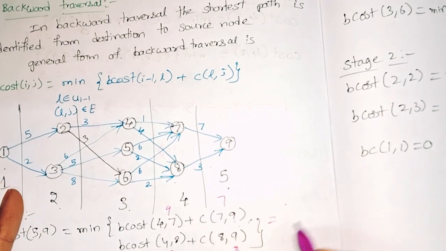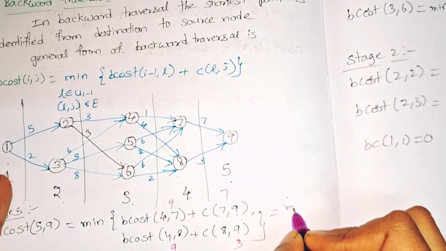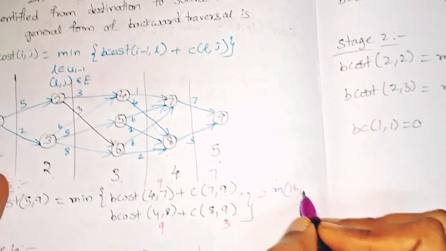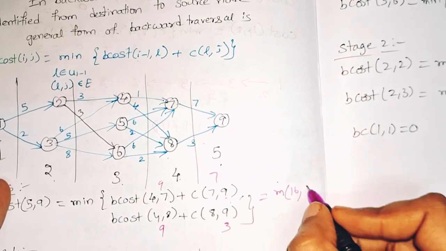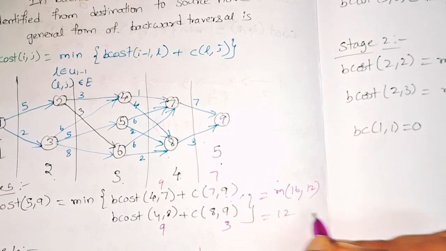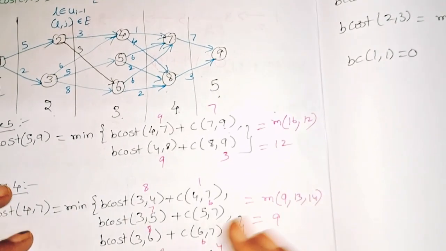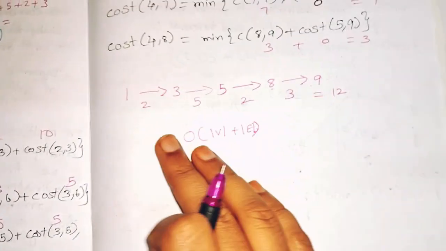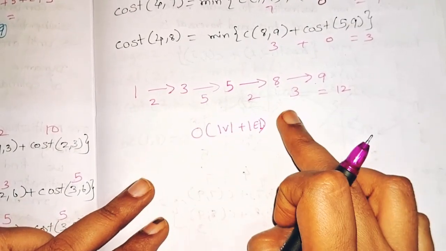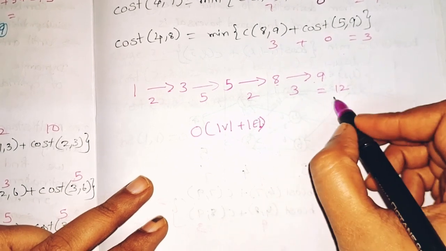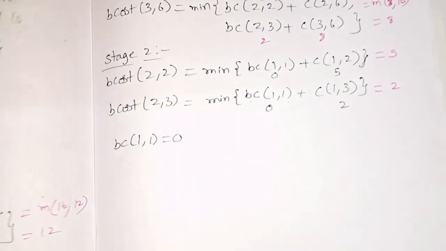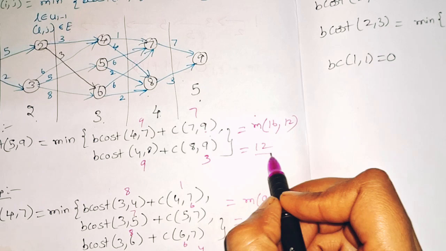So 9 plus 7 is 16. Minimum of 16 comma 9 plus 3, 12. So it is 12. Finally, the value from source to destination is 12, which is the same as in the forward traversal method. So the minimum cost is 12 in the forward traversal method also.